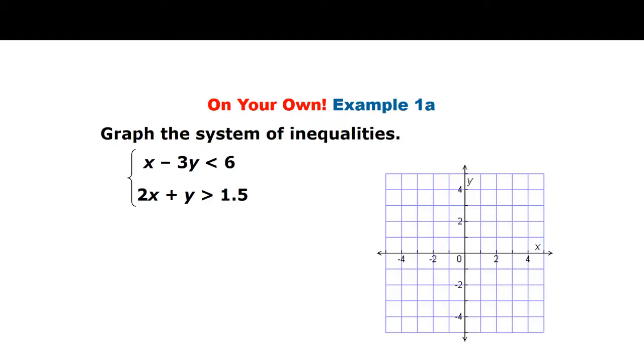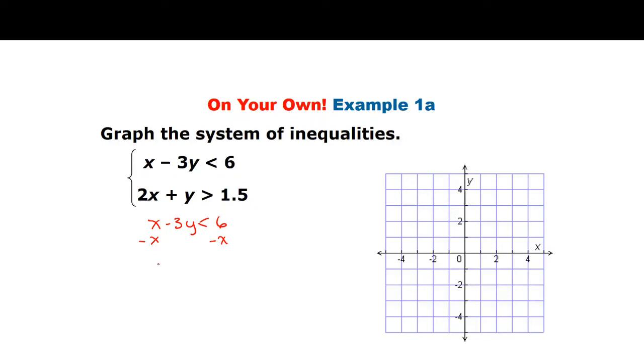Let's just solve this real quick. When you have x minus 3y is less than 6, remember we want to solve for y, so we're going to subtract x from both sides.